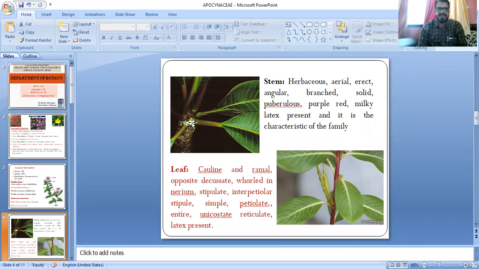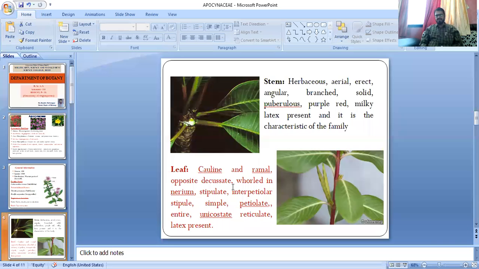Here, look this figure left side. मिल्की लैटेक्स मीन्स जब भी आप लीफ तोड़ेंगे तो उसके अंदर से मिल्की लैटेक्स बाहर आएगा. दैट इज द प्रेजेंस ऑफ मिल्की लैटेक्स इन द स्टेम ऑफ द member of family Apocynaceae, and presence of milky latex is the characteristic of this family. Presence of milky latex is the characteristic of family Apocynaceae.